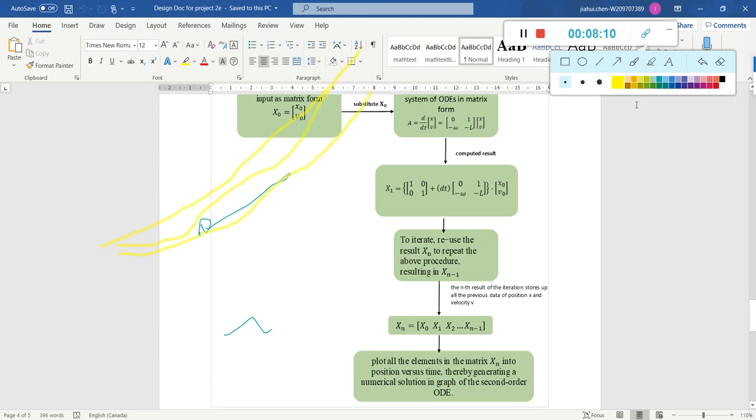So I would put every consecutive computed result into a vector like this. And in the end, I would also set up a time vector so that I can plot out the graph as position versus time.